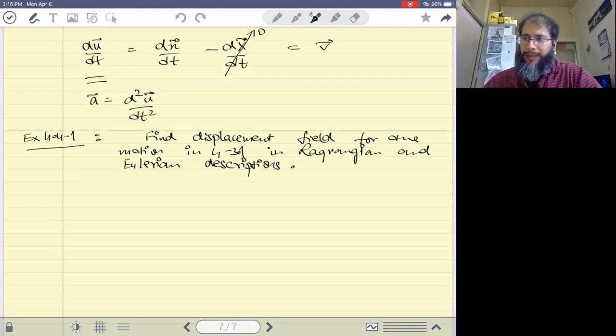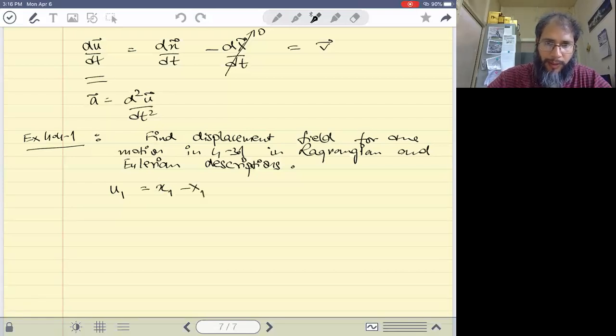So I'll do it for you in the Lagrangian description. So if you remember, let's do it only for 1. So U1 is written as x1 minus capital X1 by definition. Now x1, as it was given in the question, was capital X1 e to the t plus capital X3 (e to the t minus 1).